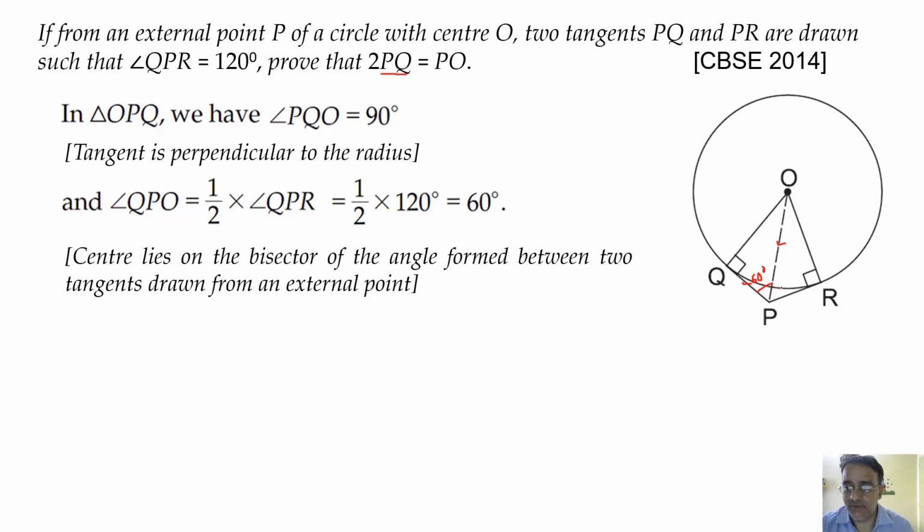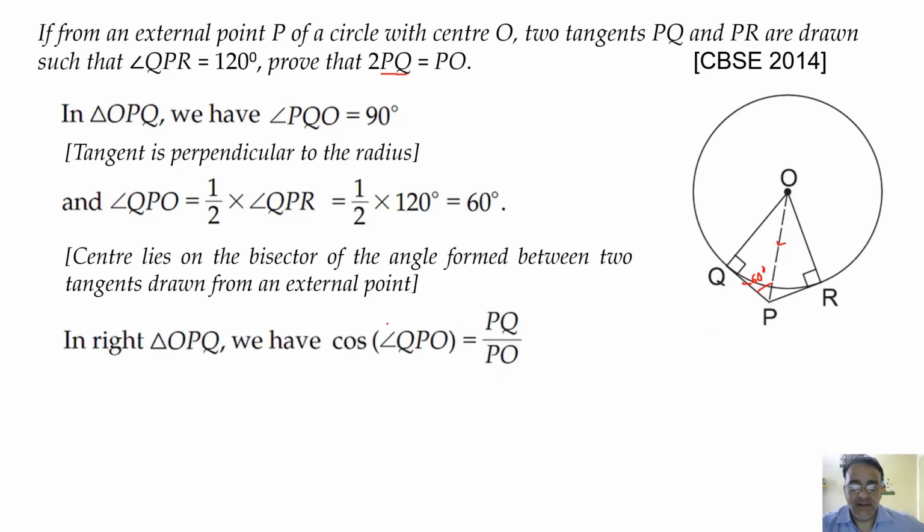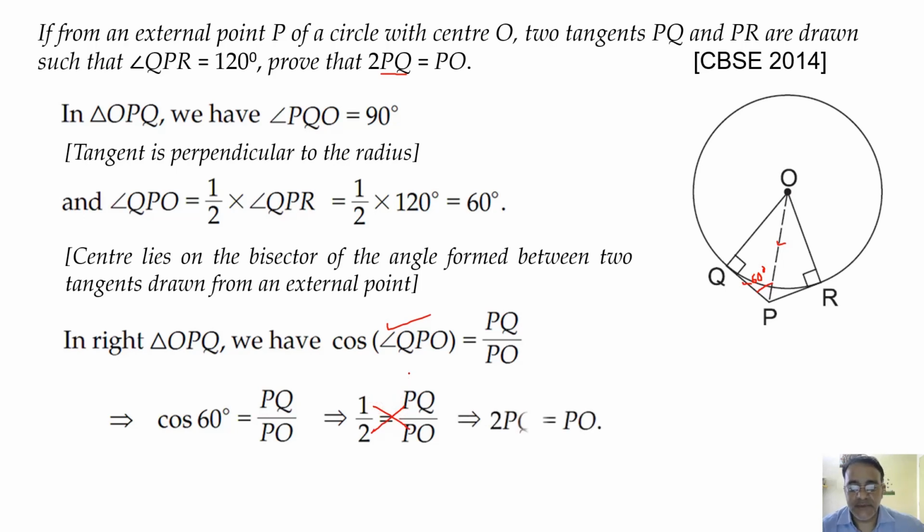Cos theta. Very good. So cos theta is adjacent upon hypotenuse. That is cos of this angle is equals to PQ upon PO. And cos 60 is equals to PQ upon PO. What is the value of cos 60? 1 by 2. Right, 1 by 2. Now if you cross multiply, you will get the answer. That is 2 times PQ is equals to PO. यही proof करना था. Any doubt?